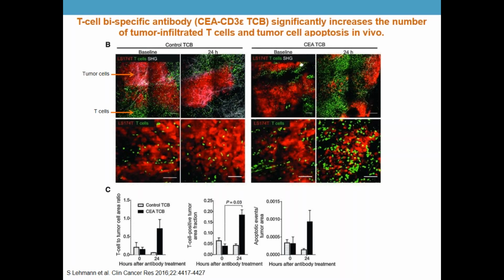So I thought I would start on this first slide with a visual look at the endpoint that we're trying to get at. Now, this slide actually has nothing to do with the vaccine. This is a slide taken of a model using a bispecific antibody with the targeting end directed against CEA, which, as we all know, is one of the commonly overexpressed proteins in a number of cancers, very specifically colorectal and ovarian.